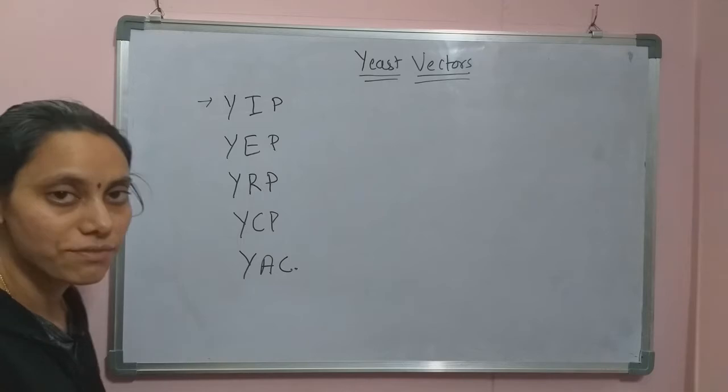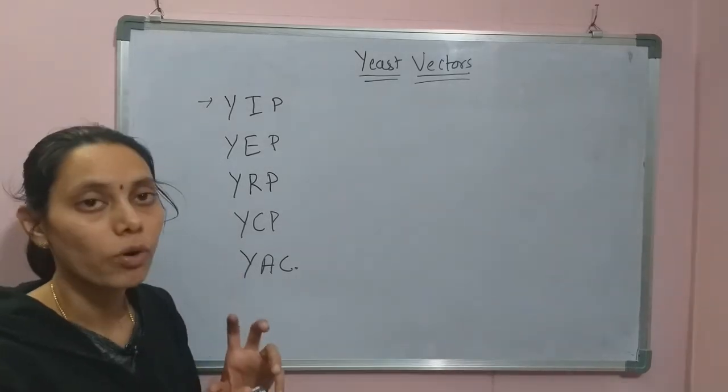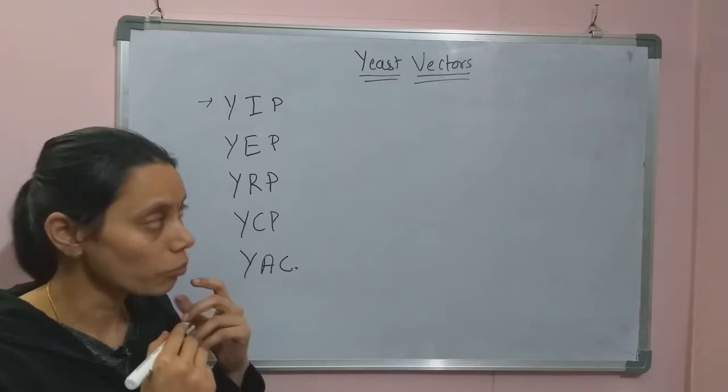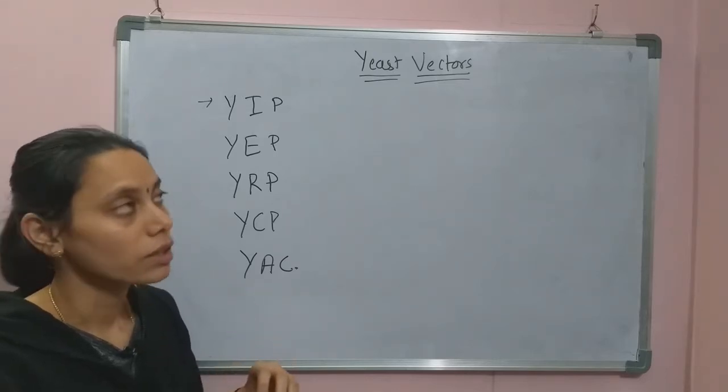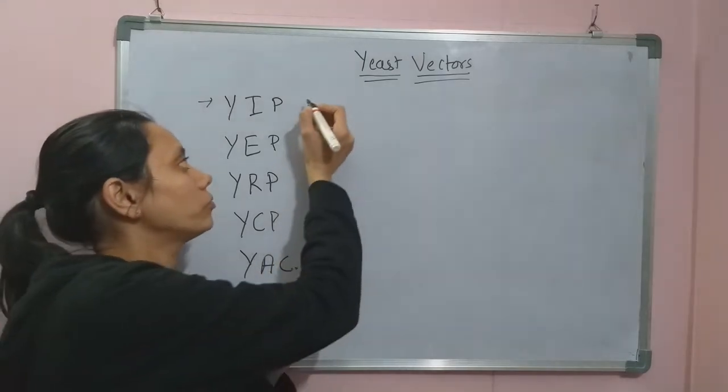So these are at least five types of yeast-derived vectors which are modified from yeast plasmids.